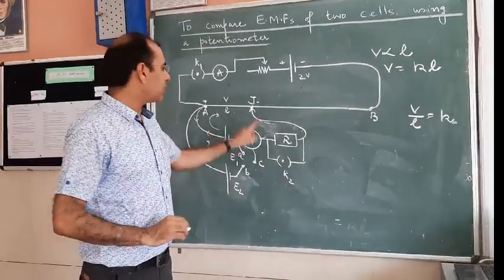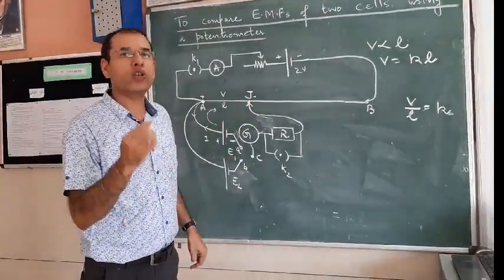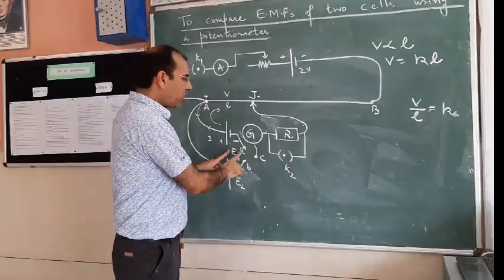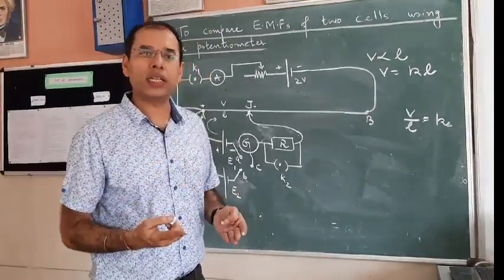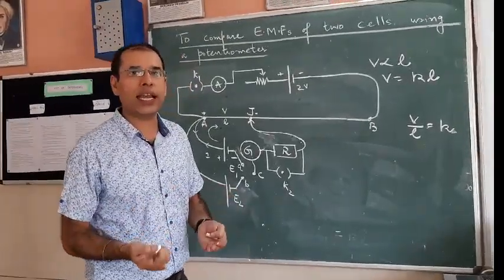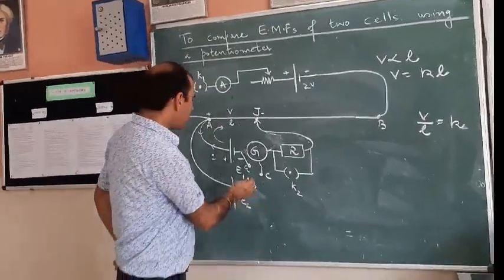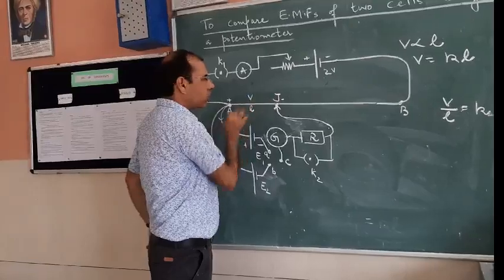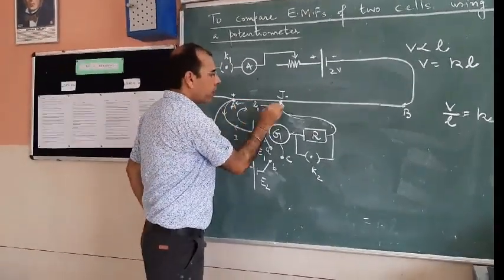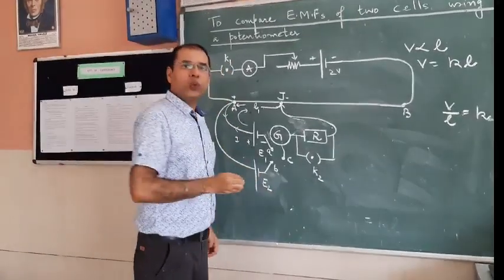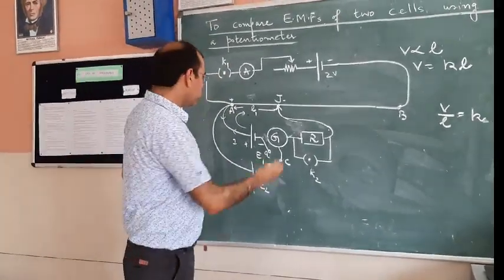In both cases, the null point balancing length will come out to be different. If E1 is greater, then the length measured will be greater, and if E2 is smaller, the length will be smaller. So, say for E1, the length measured was L1. For the cell E2, let the length be L2.